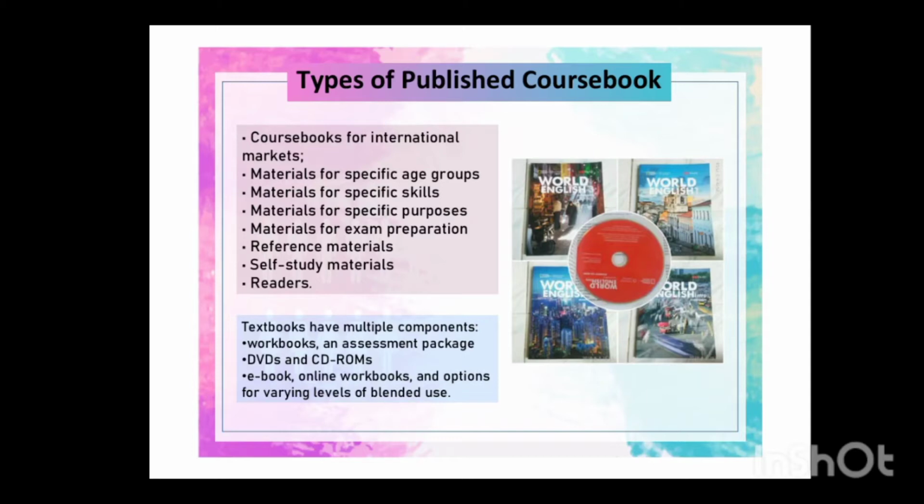And then there are also textbooks designed for specific purposes, for exam preparation such as TOEFL, IELTS, and also textbooks designed as reference materials like the dictionary, and then self-study materials and readers.